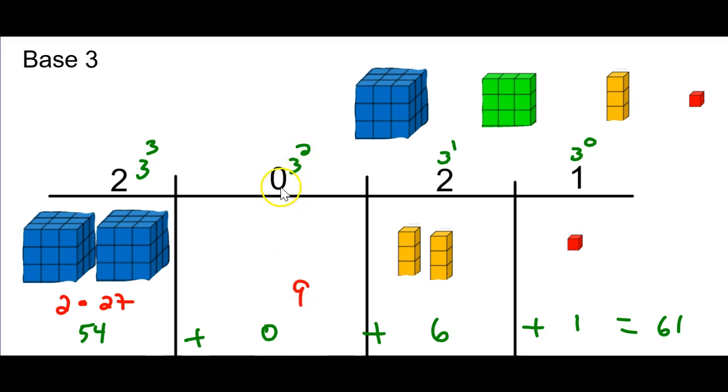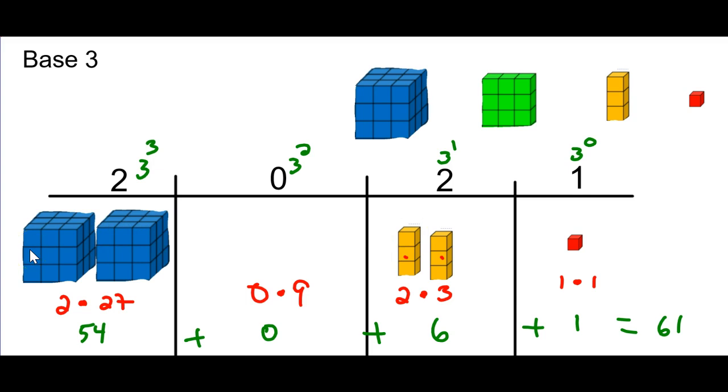But how many of those 9s do I have? I have none. So it's 0 times 9. What's 3 to the first? It's 3. How many of those 3s do I have? I've got 2. So 3 times 2. See? 2 3s there. What's 3 to the 0? It is 1. So I got 1 of those, and 1 times 1 gives me 1. So what's in red multiplies to give you what's in green, and then adding those up gives you the total number of these little cubes all throughout here.